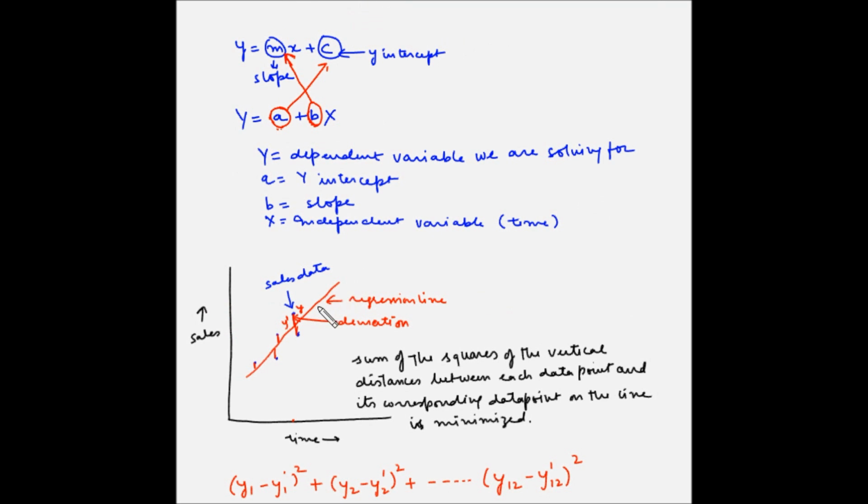So once we get this line which is the best fit based on the data points that has been given to us, then if we extend this line to the future quarters, then we can get the value of sales corresponding to a time period.